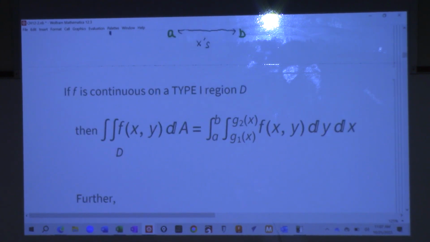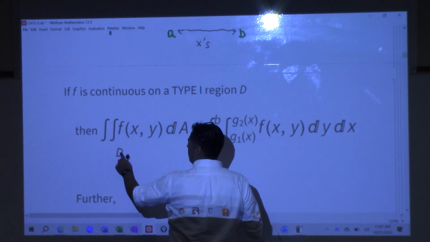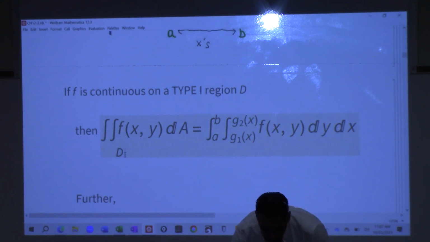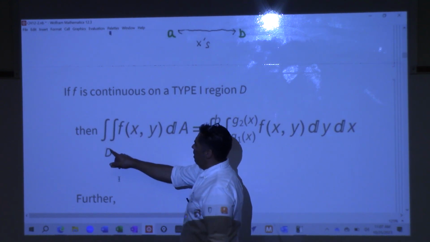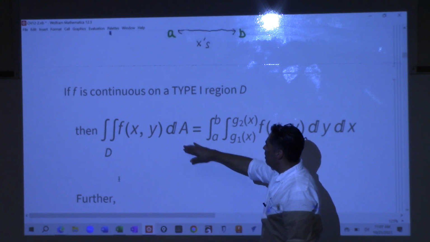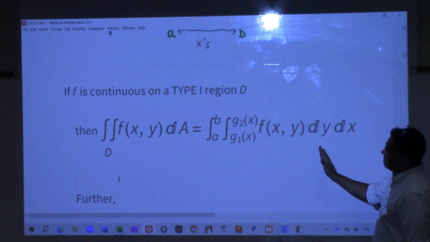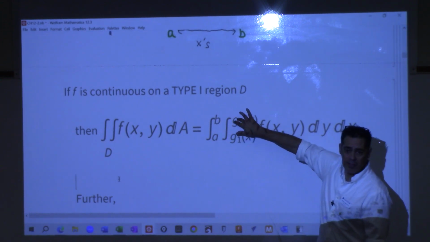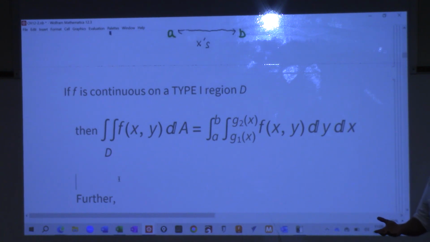When you have a type 1 region, then when you do your double integral over that D of our surface with respect to area, remember the area is like that infinitesimal patch on the ground, notice that this no longer has constants here, which means you cannot just switch the order of integration like we did last class.